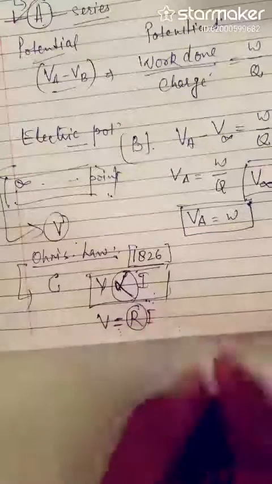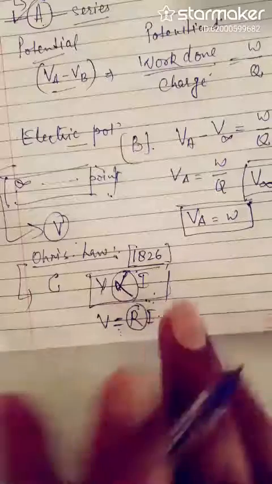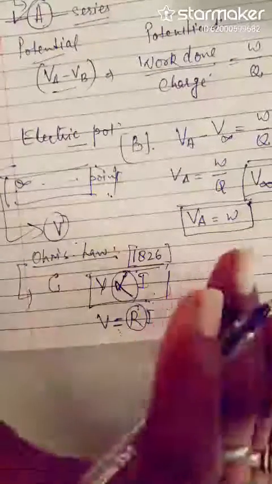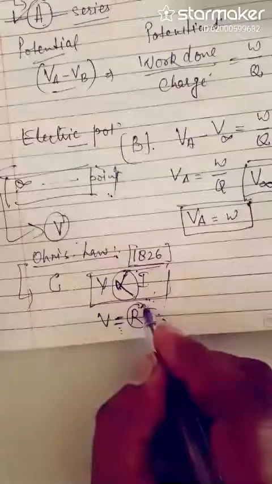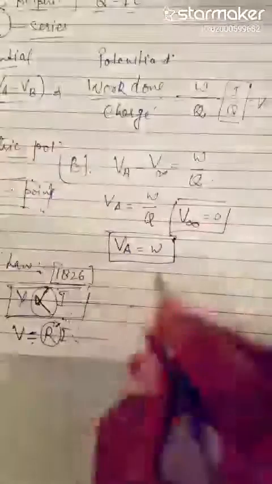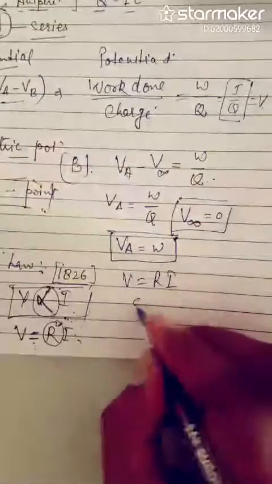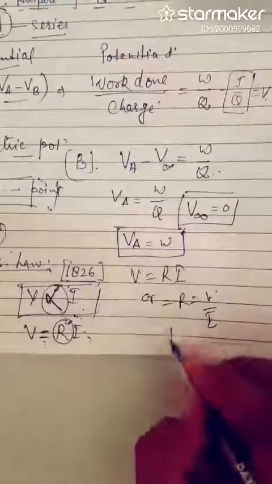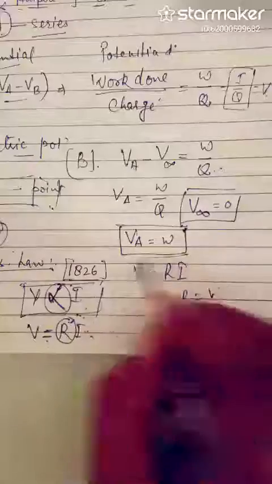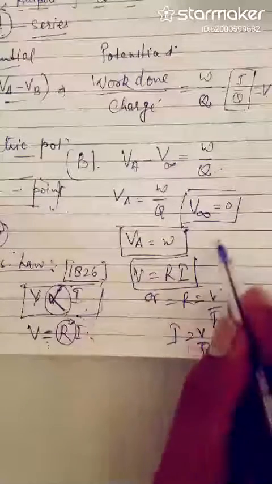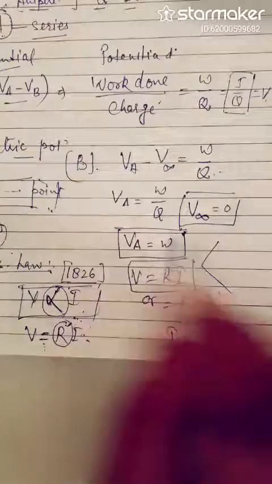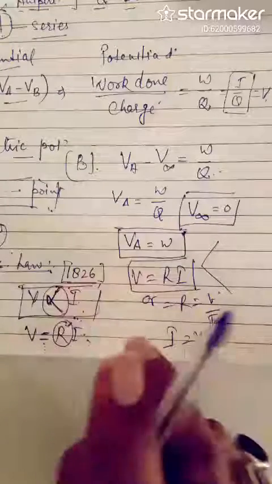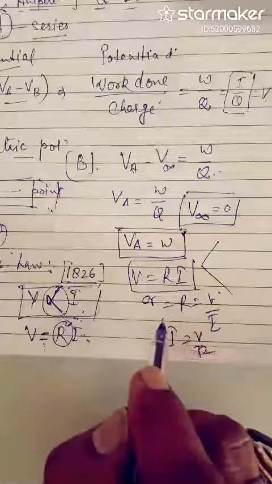Here I is the current flowing in the conductor with potential difference across its ends, and R is the constant of proportionality, which is called resistance. So if V equals RI, we can also say R equals V upon I, or I equals V upon R. By using this main formula, we can get two more formulas by substitution.